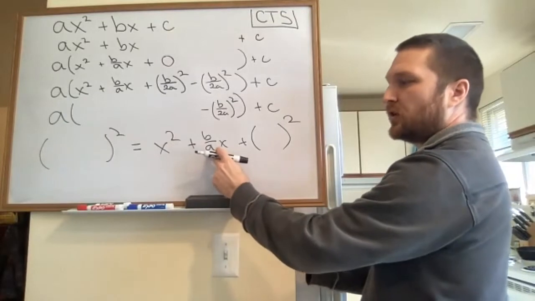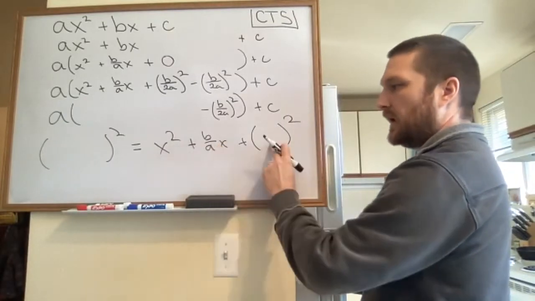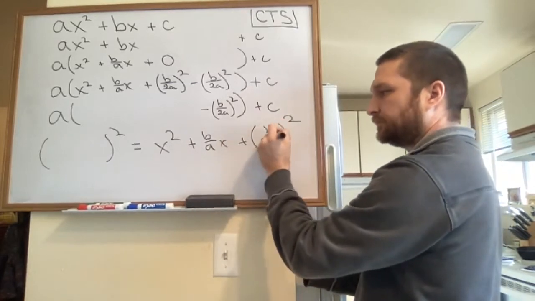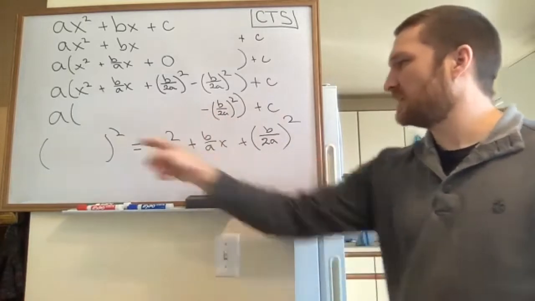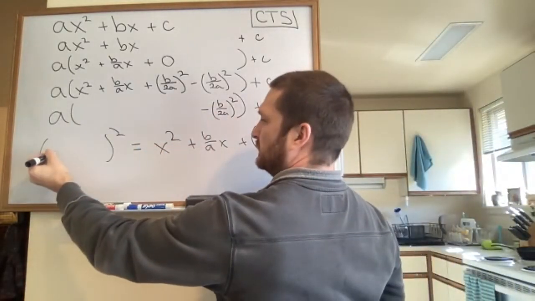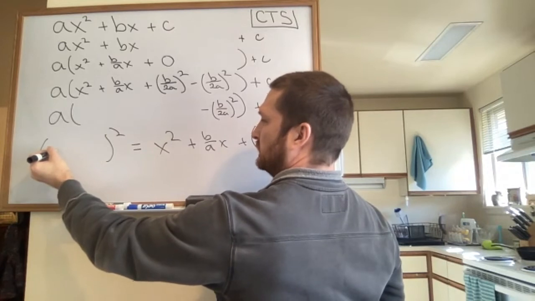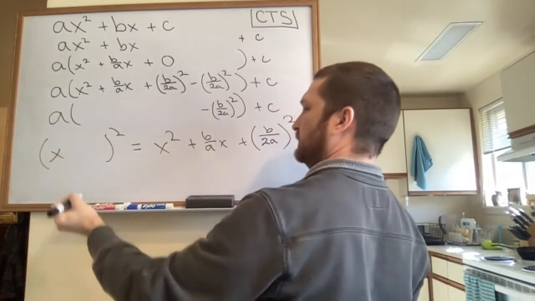And what did you do in your homework? Divided that number by 2. And that became what? B over 2a. And we said that this entire thing is equal to what? x plus b over 2a.